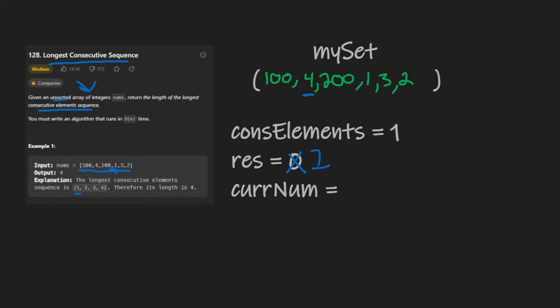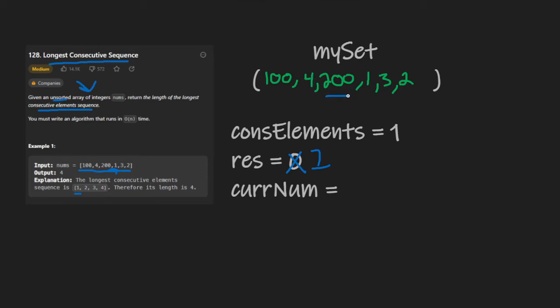Now we're at 4, and we check to see if it's the beginning of a sequence. Again, we subtract 1. 4 minus 1 is 3, which does exist in the set, so we're not at the lowest number of a sequence, so we do nothing. We're not going to go into a while loop.